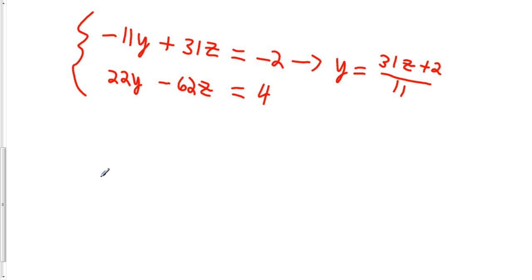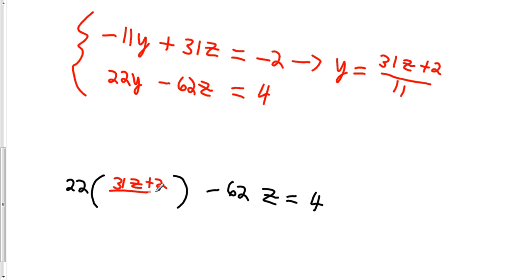Now I'm going to plug that into the bottom equation. So I'm going to have 22 times y minus 62z is equal to 4. So I have this, and I'm plugging in the value that I just got for y, which is 31z plus 2 over 11.